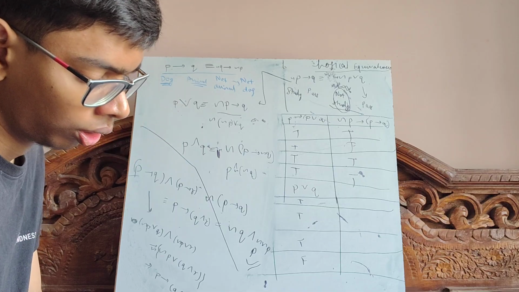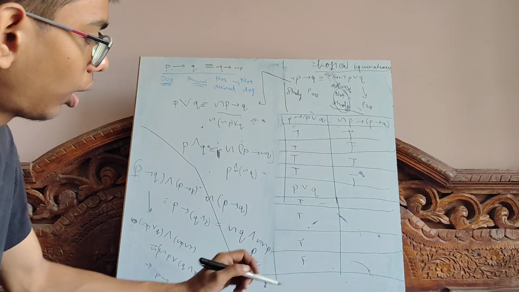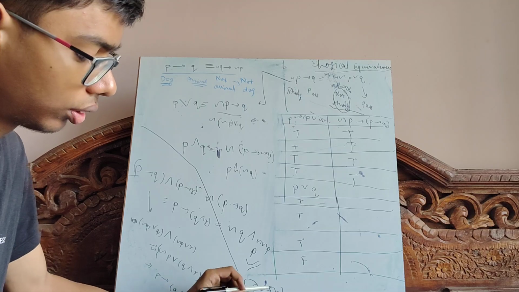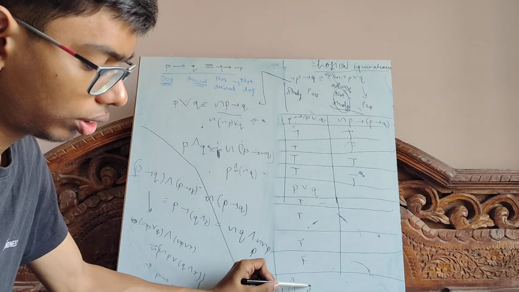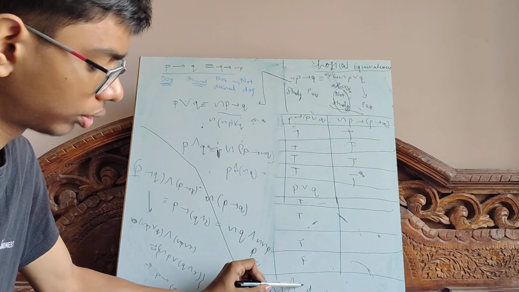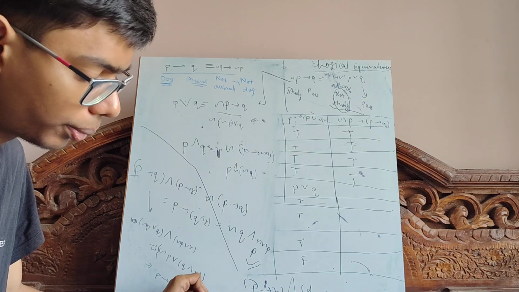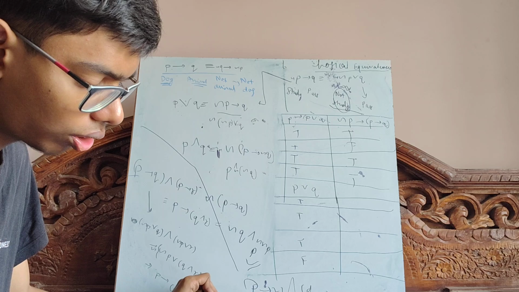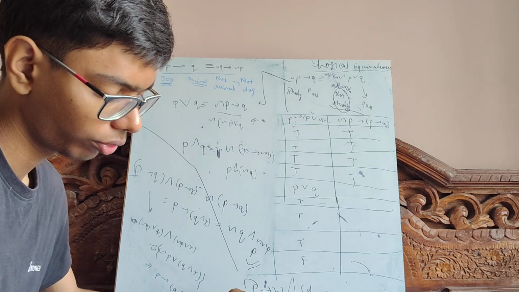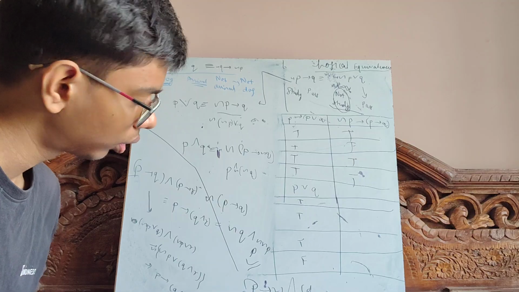Now I have P implies R and Q implies R. This is written as P or Q implies R. How?